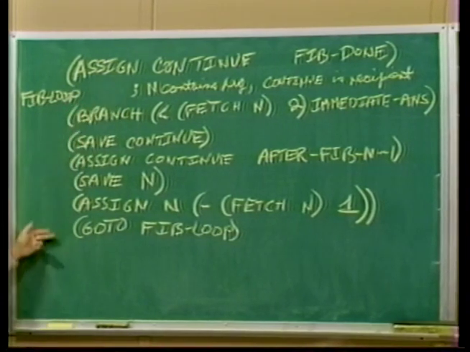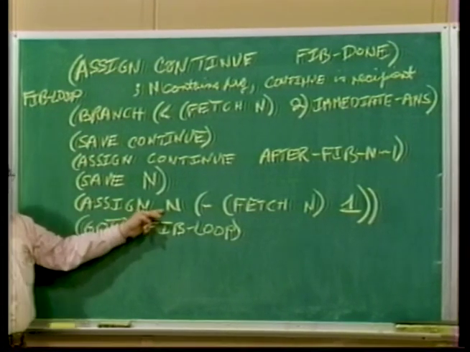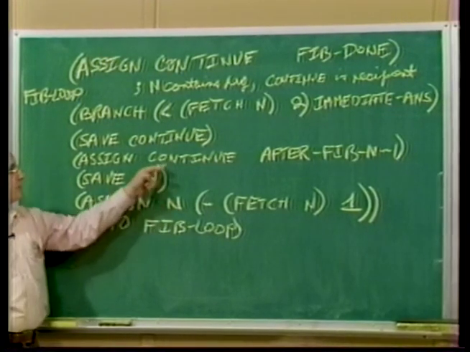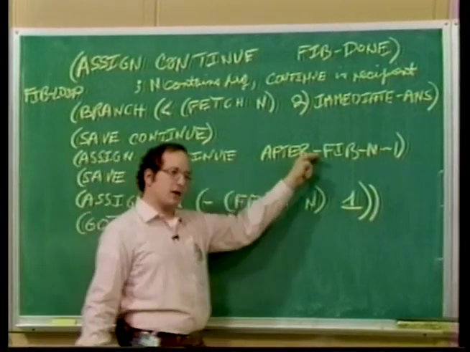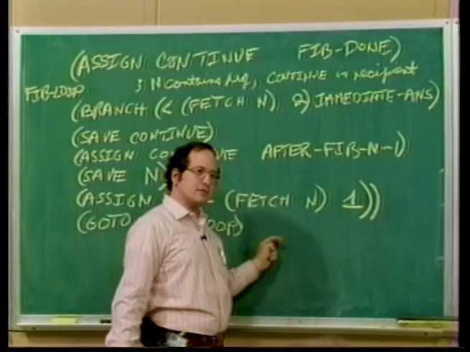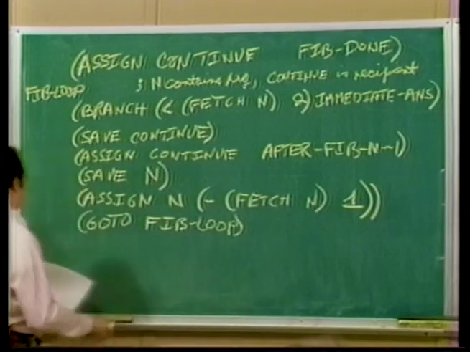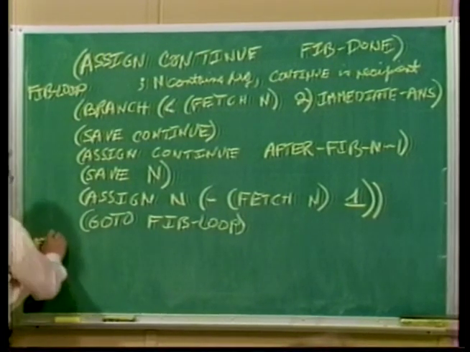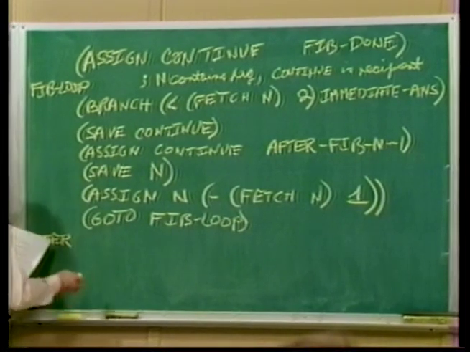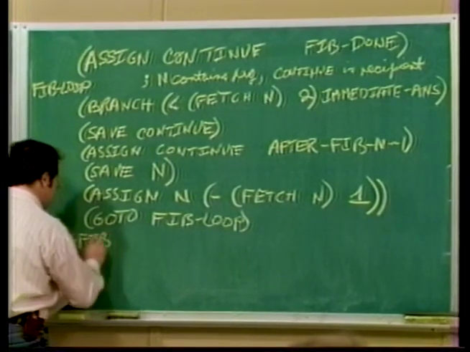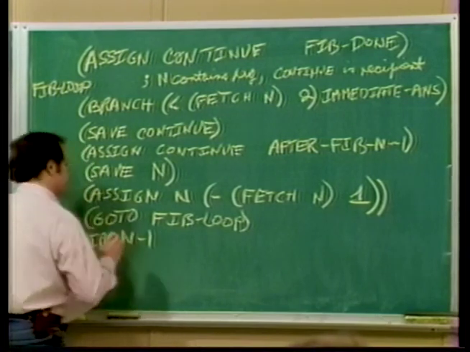And the answer is yes. N contains n minus 1, which is what I need. Continue contains a place I want to go to when I'm done with calculating fib of n minus 1. So I've satisfied the contract, and therefore I can write down here a tag, a label, after fib n minus 1.